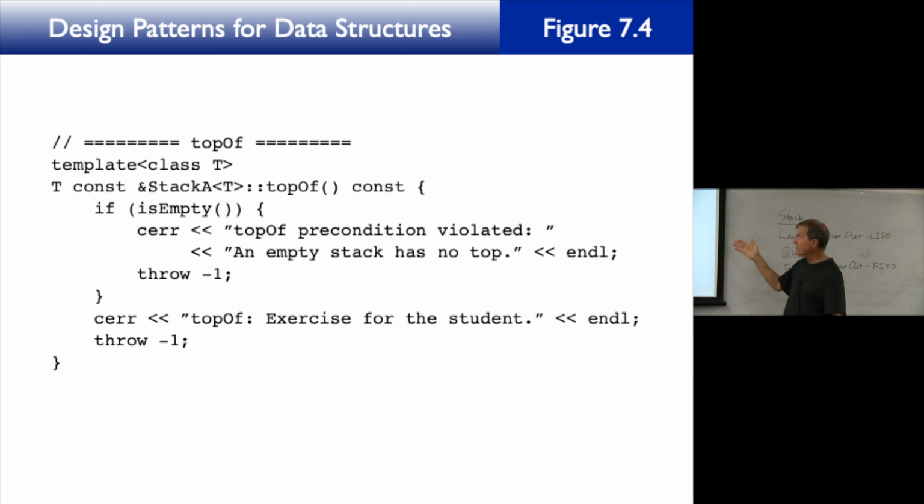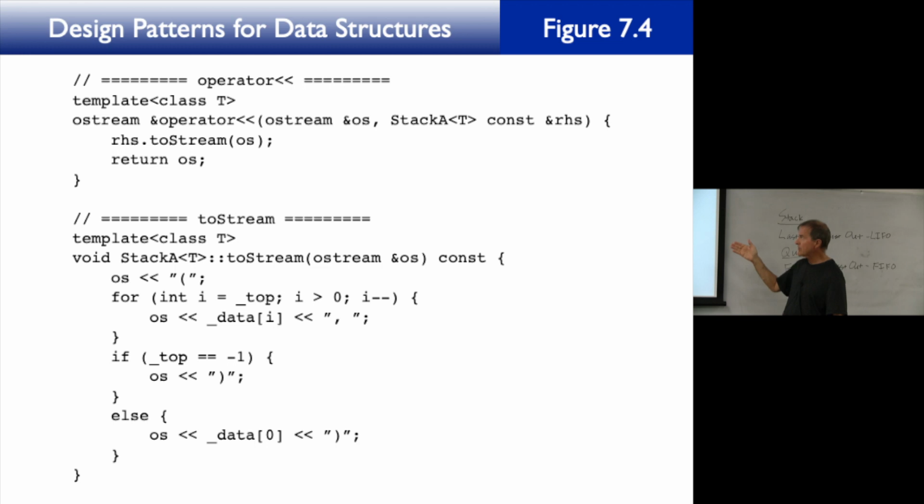Again, here in figure 7.4 is the implementation of the streaming operator. All we do is call right-hand side dot toStream OS, and OS is the output stream. If you take a look at the main program, that message that says top to bottom is printed out in the main program, and what this prints out is just the parentheses and the elements of the array.